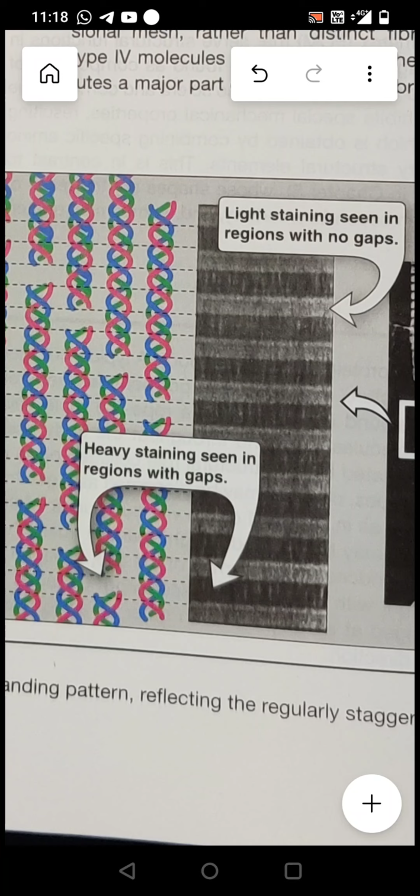So each is made up of three helices, so that's why you call it a triple helix structure, all containing different alpha chains, and so each helix is made up of an alpha chain. What is each helix actually made up of?